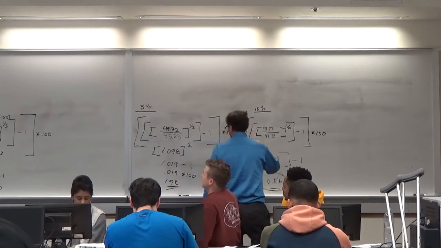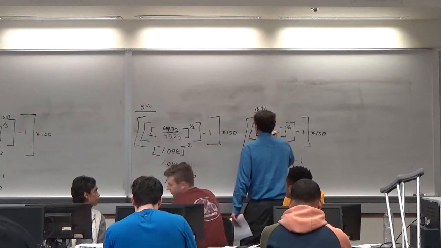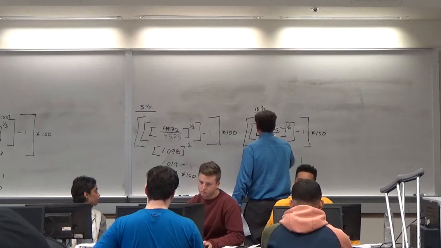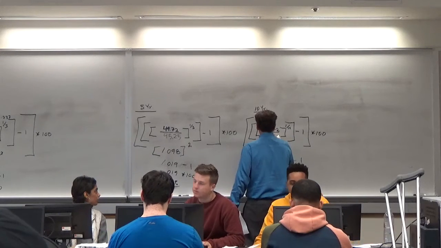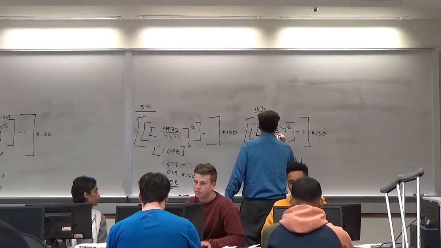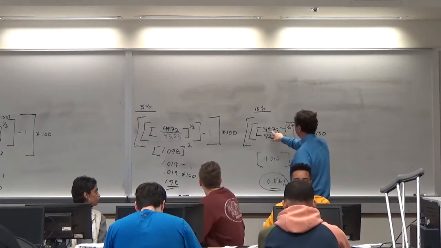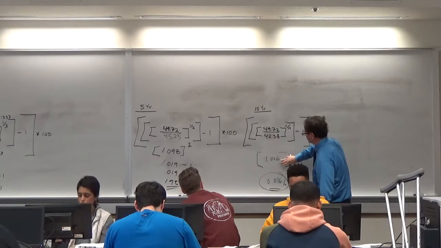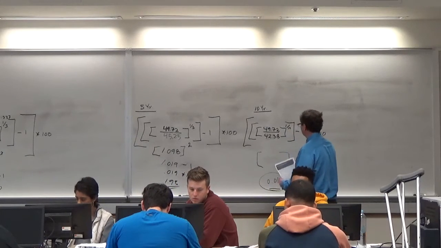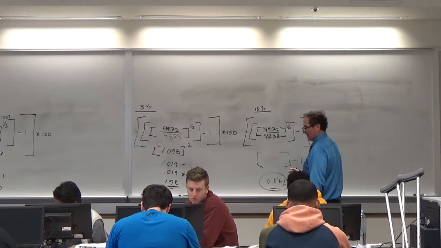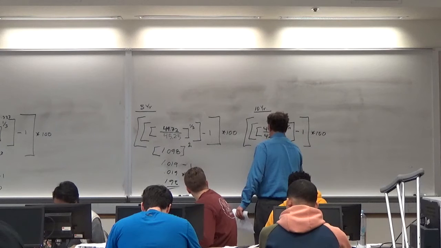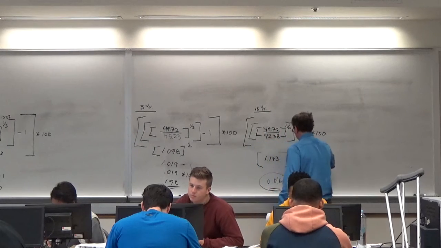All right, so let's do the 10-year. So this is 49.72. The index was what, 42.38? Is that right? 42.38. Got it. So what is 49.72 divided by 42.38? 1.173 to the 0.1.